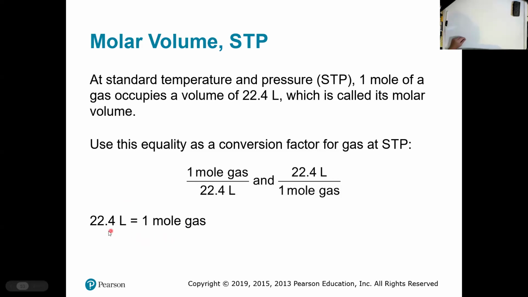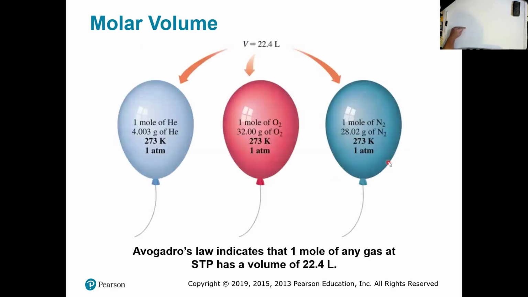We can turn this equality into a conversion factor for ourselves, and we can use it with other calculations as long as we're at standard temperature and pressure. This is just an example of what we're talking about when we say 1 mole of any gas. Your periodic table is in terms of grams of that gas per mole of that gas.